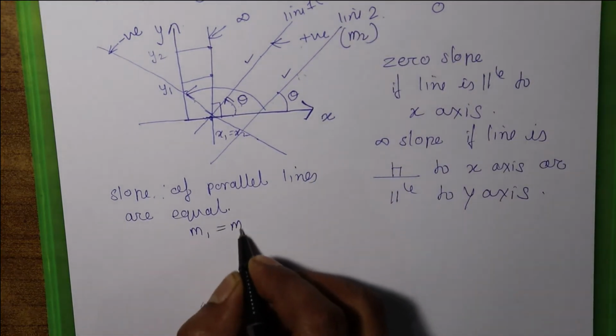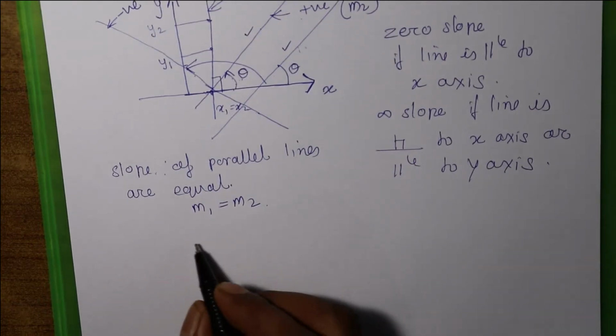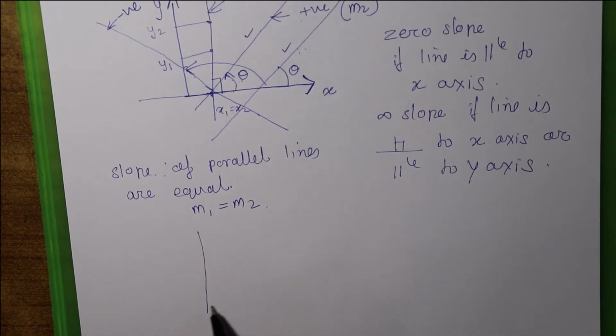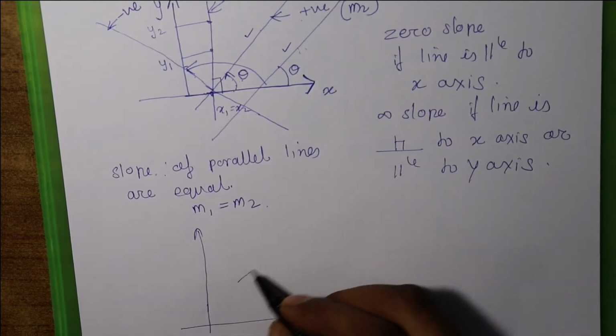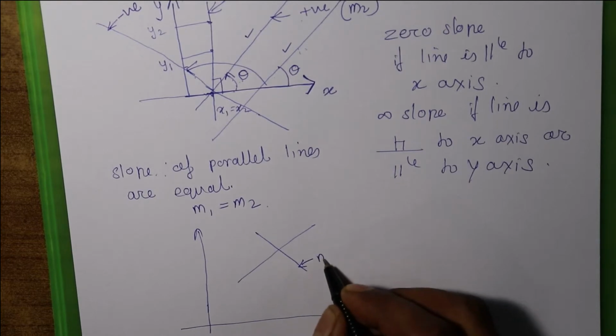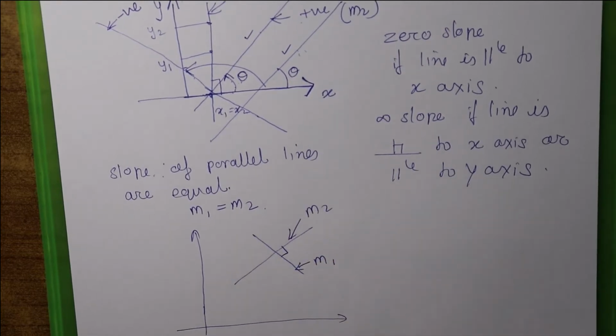Now further imagine that we have two lines which are perpendicular. Let the slope of this line be m1 and the slope of this line be m2, and the angle between the two lines is 90 degree.